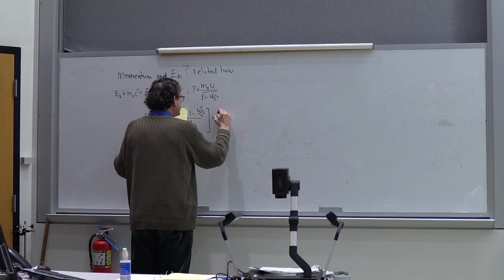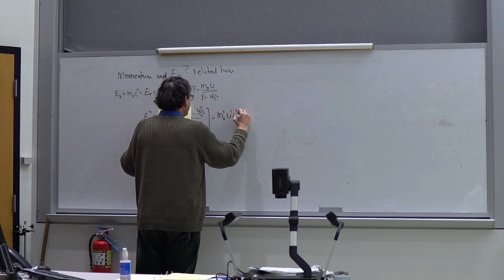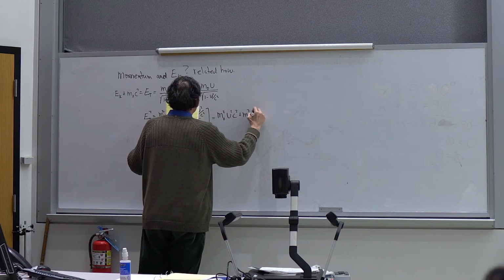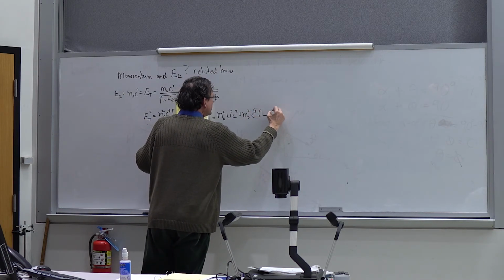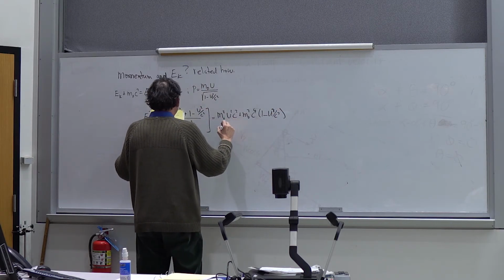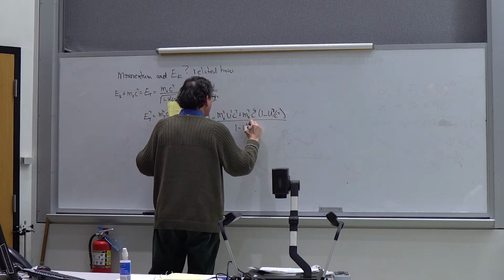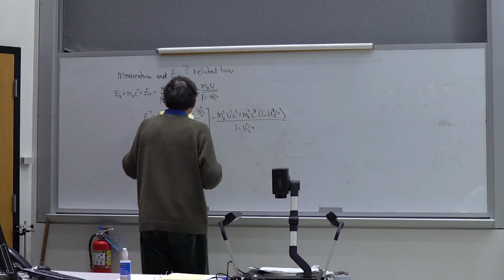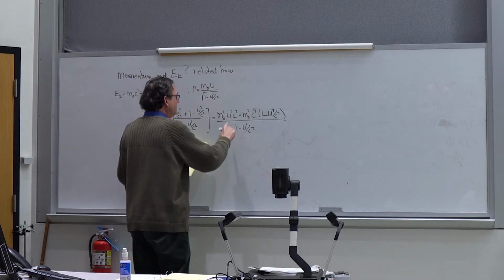So then I get that this is equal to m naught squared u squared c squared plus m naught squared c to the 4th times 1 minus u squared over c squared, all divided by 1 minus u squared over c squared. And this first term is the momentum.